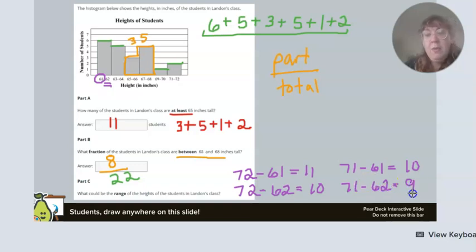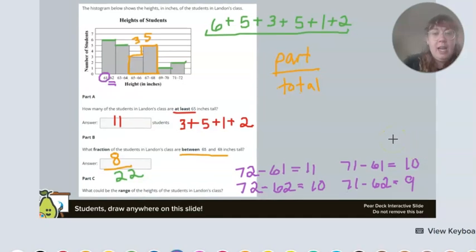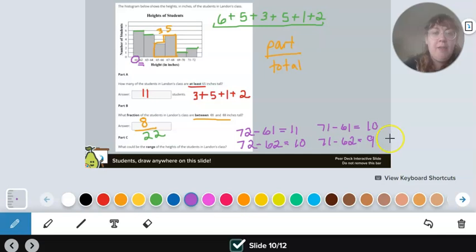So it could either be 9, 10, or 11 for our range. We don't know for sure because we don't know exactly what the max or minimum is, because these histograms give us those bucket options. So get everything you need here on this slide, my friends. And then we have one more slide to do after this. So when you're ready, go ahead to slide 11.